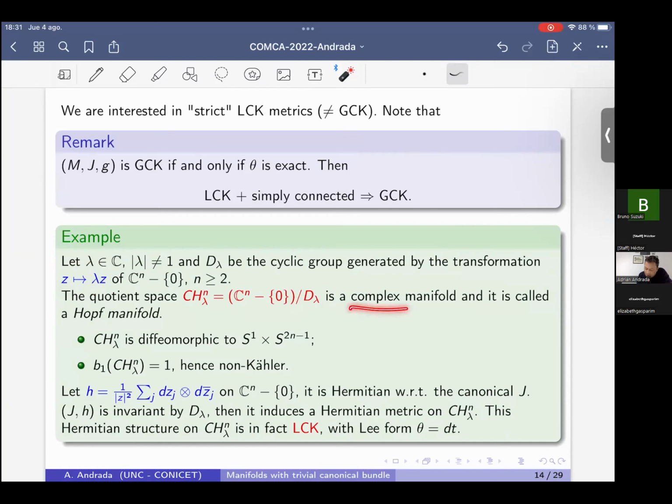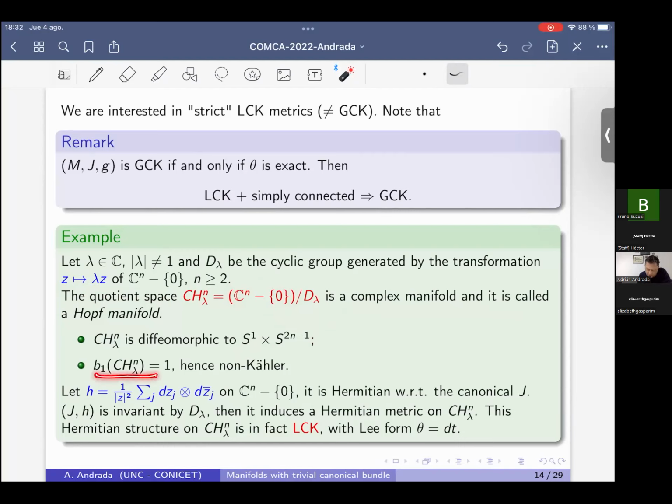This is a complex manifold, and it is called a Hopf manifold. It can be seen that it is diffeomorphic to a product of spheres, S^1 times S^(2n-1). And the complex structure of C^n minus 0 descends to the quotient. So this is a complex manifold.